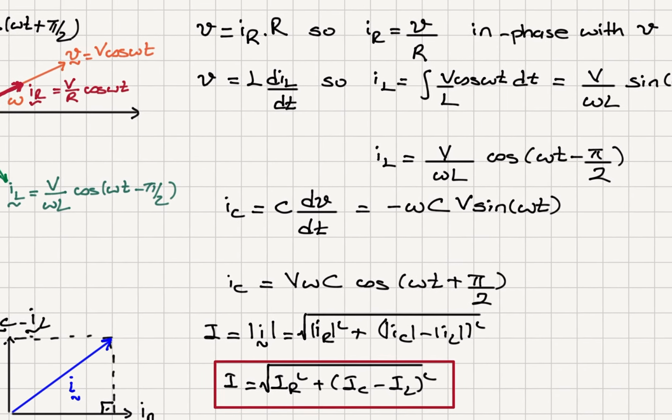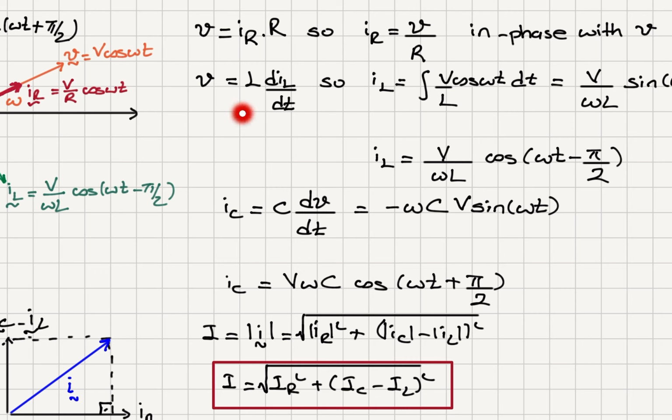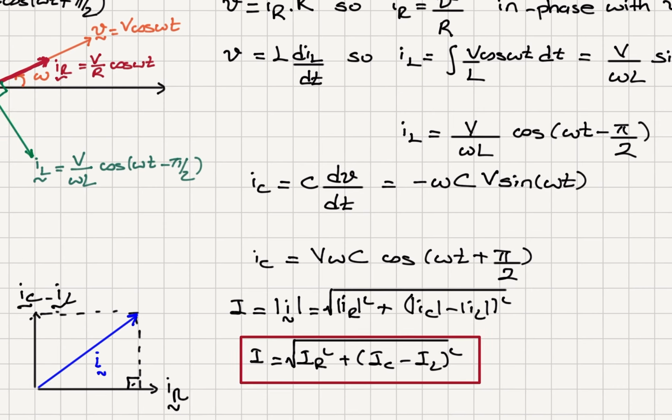So this is basically found using the relationship between current and voltage for the inductor, V is equal to L dI/dt, and for the capacitor, I is equal to C dV_C/dt, where the voltage is the same for all of these three circuit elements.